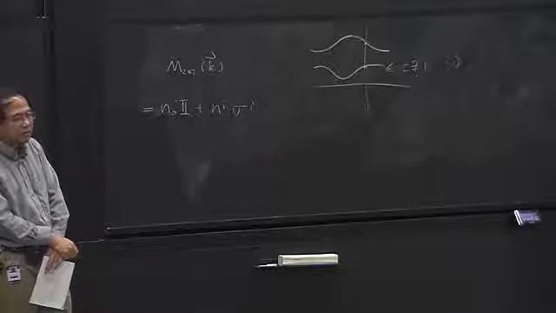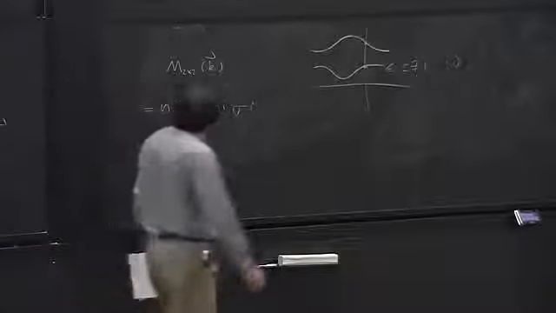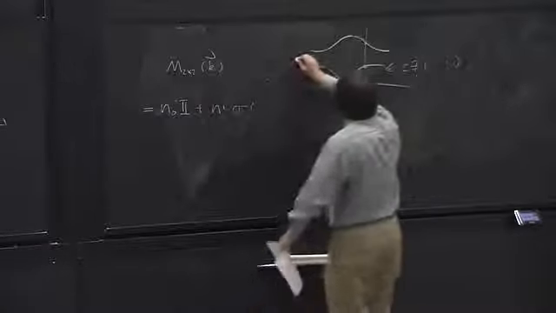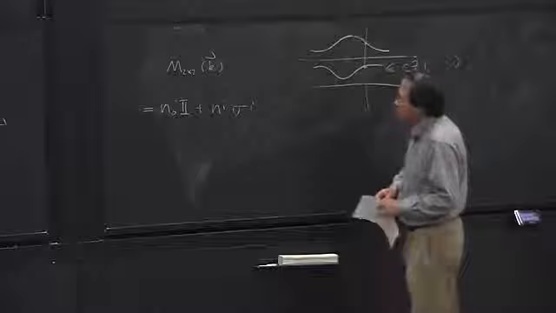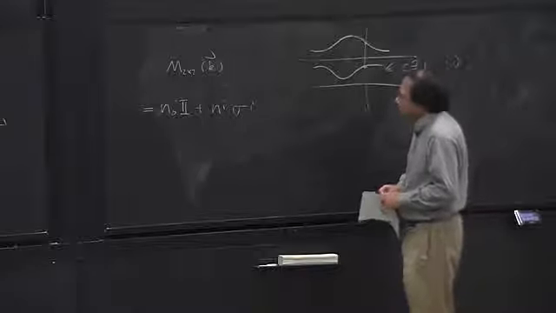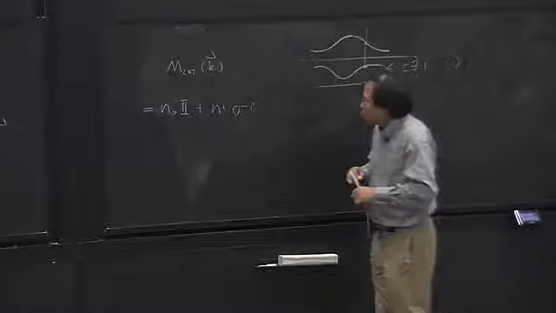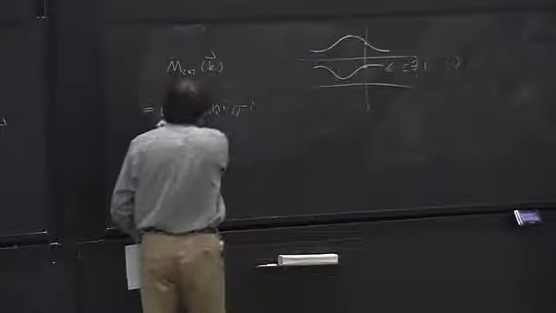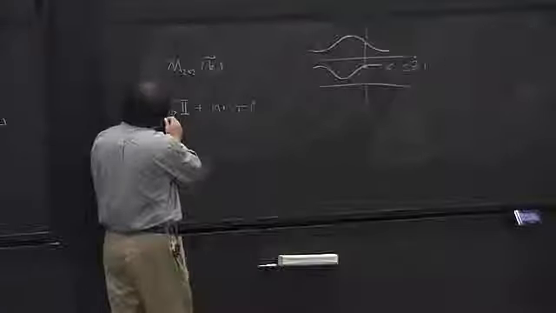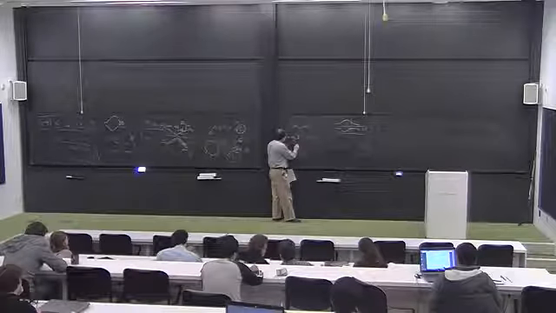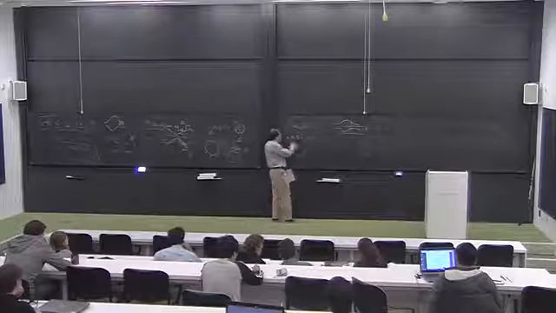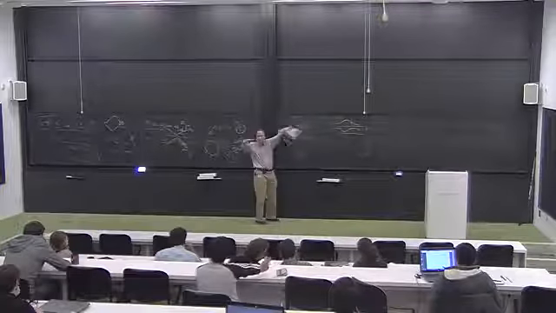And if you have an energy gap, then that means that... Now here I want to say, suppose N0 is constant. Let's suppose N0 is constant. If N0 is constant, this just adds a total energy shift.